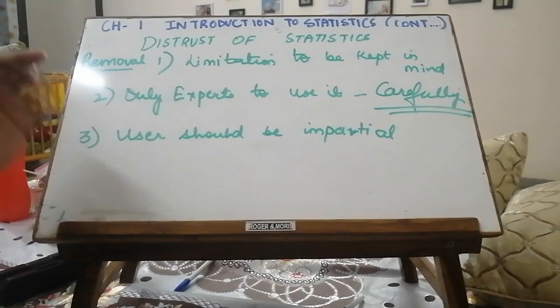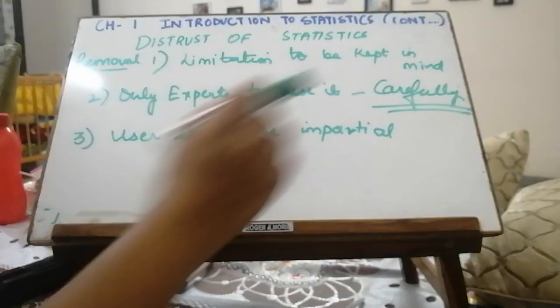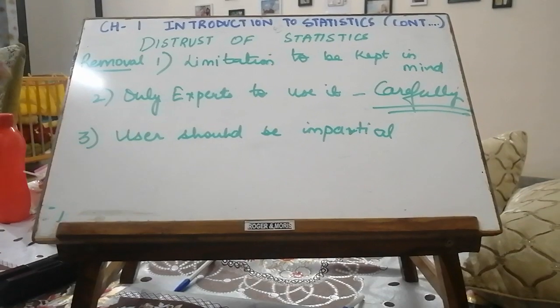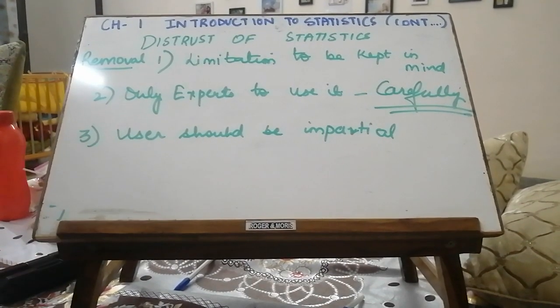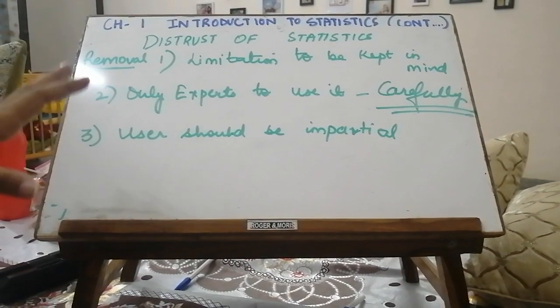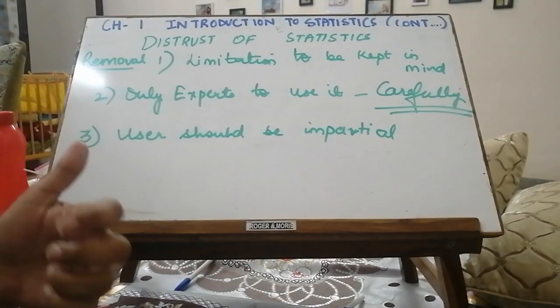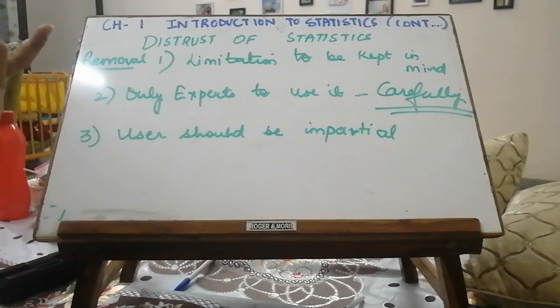He's not an expert. So experts must use it, but with their right conscience and right mind, carefully. The last one is that the user should be impartial. Again, you have to be a neutral, unbiased person to be able to give trustworthy results, to be able to build trust in statistics.